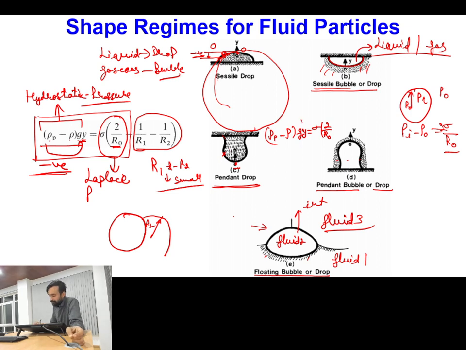If y is positive, this value becomes positive, so the value of 2 by R naught into sigma should dominate. In order to dominate, the values of R1 and R2 should be large. So in the case of a pendant drop, when I move away from the axis of symmetry along the surface of the drop, my radius of curvature actually increases. Is this point clear? Are all clear with this idea?